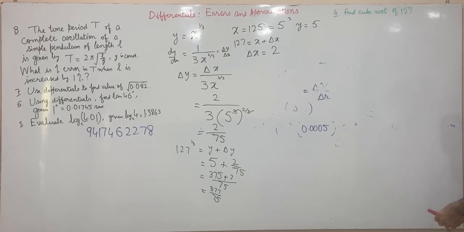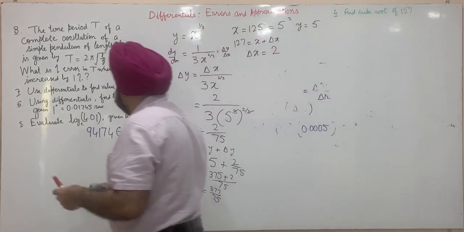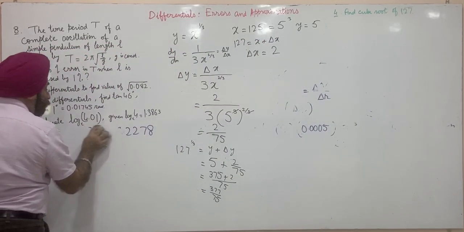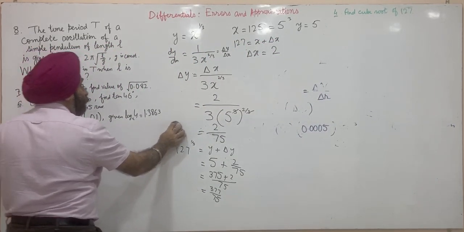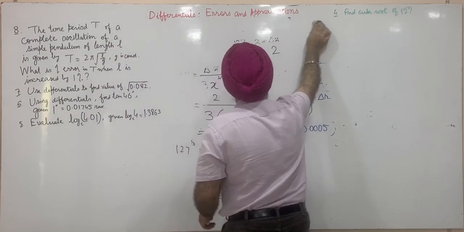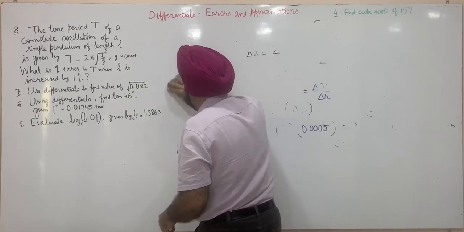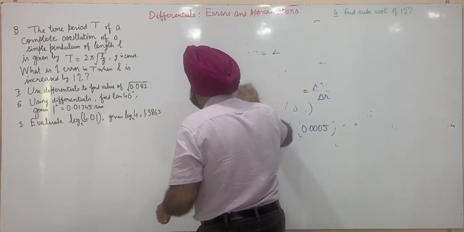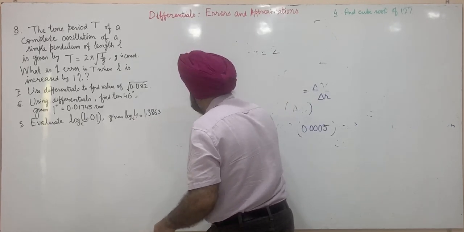The next one, we have to find out the approximate value of log of 4.01 to the base e, given that log of 4 to the base e is 1.3863.